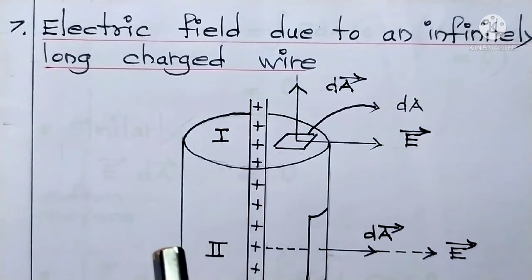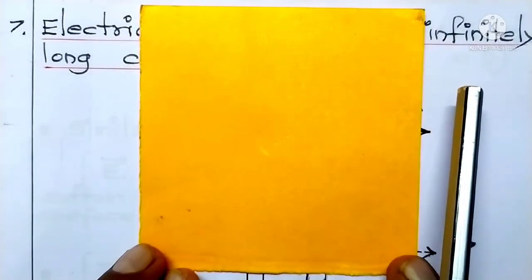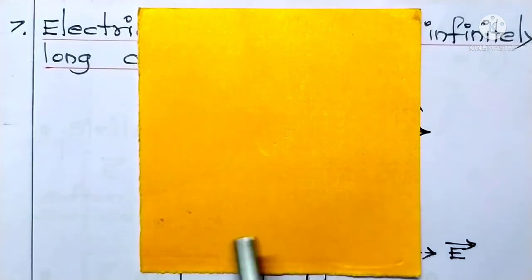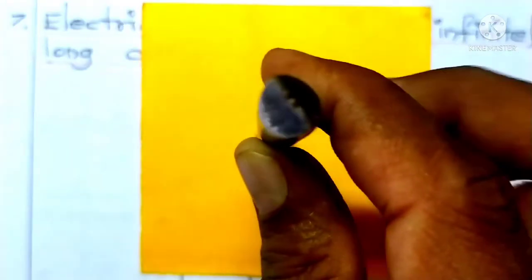Before we discuss this derivation, let us understand an important concept called areal vector. Here comes a square shaped area. Now I am going to place a rod perpendicular to this surface.